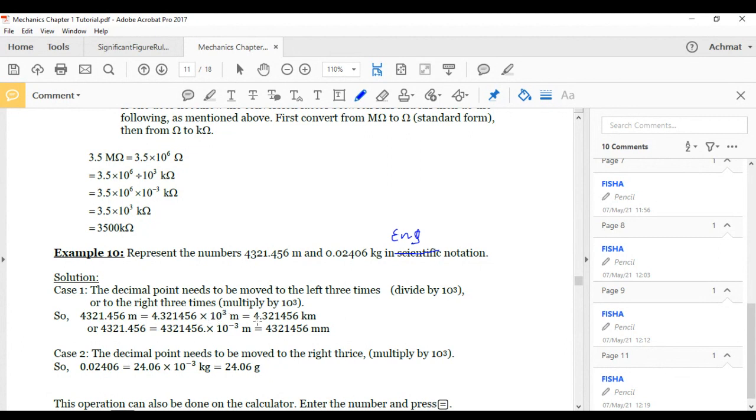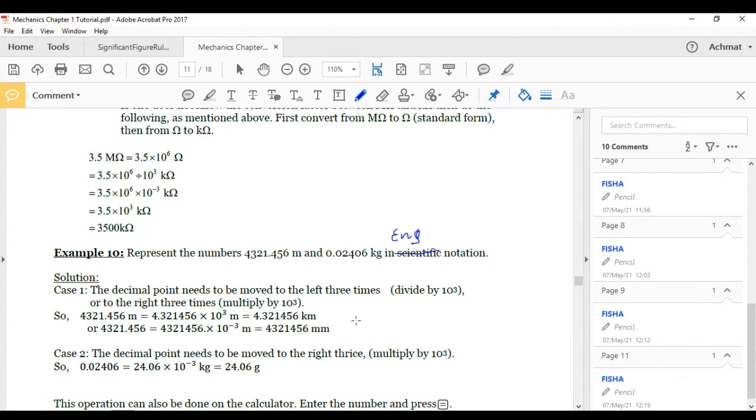Then I can write that down as 4.321456 kilometers. You can leave it like this in meters, or you can write it down like that if they ask you for the answer in kilometers. First convert it to meters according to engineering notation, and then based on the prefix, the 10 to the 3 multiple, you can write down what prefix you are going to use.